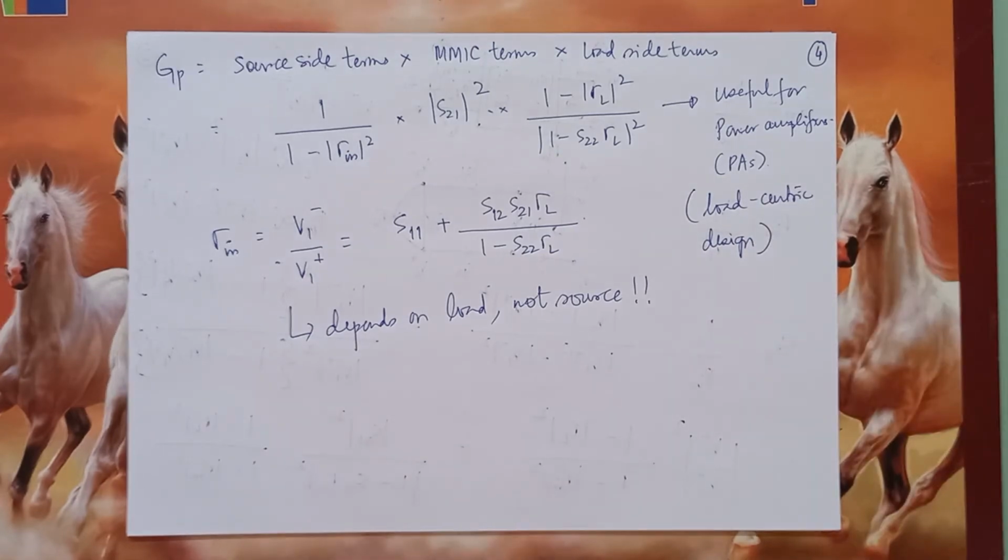Load centric design, where we are not caring about the source. So there could be also some gains, or we can model the gain in such a way that we focus on the source more than the load. Those are called as source centric designs, where irrespective of the load, it is the source side which is more important.